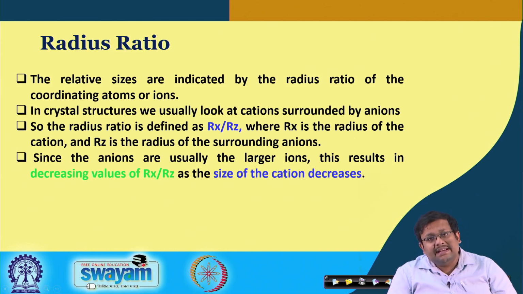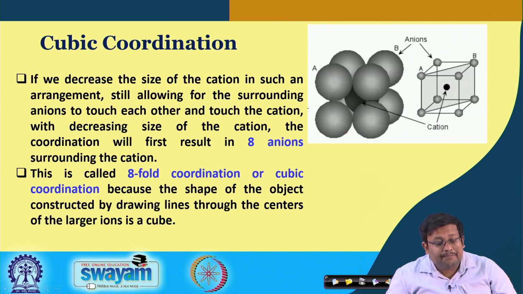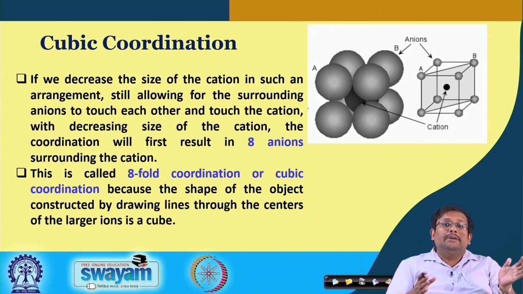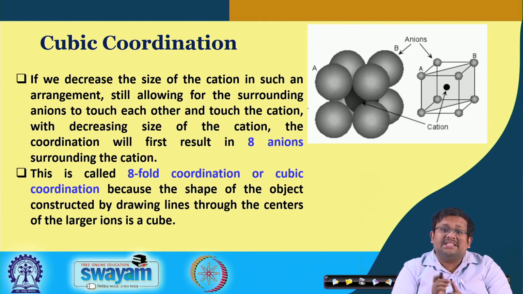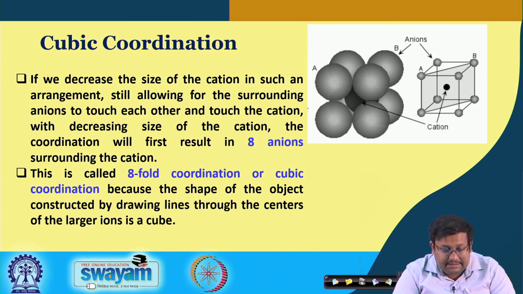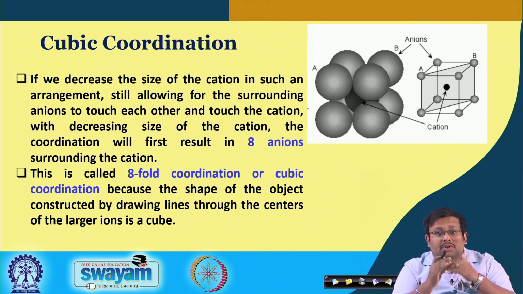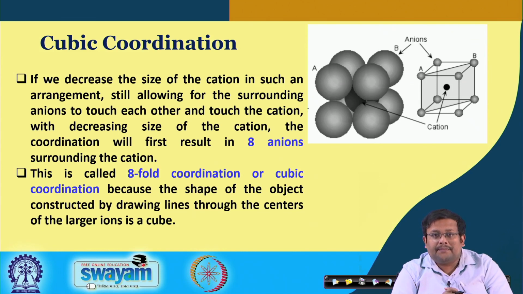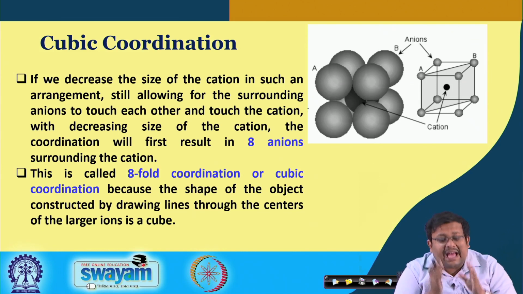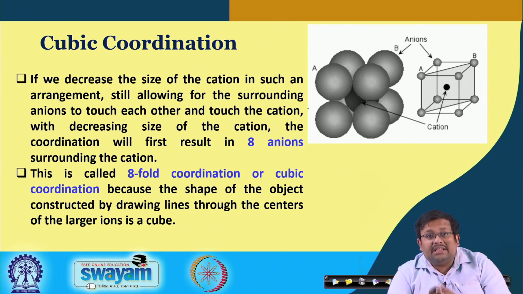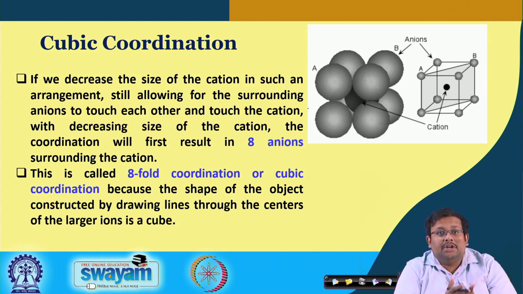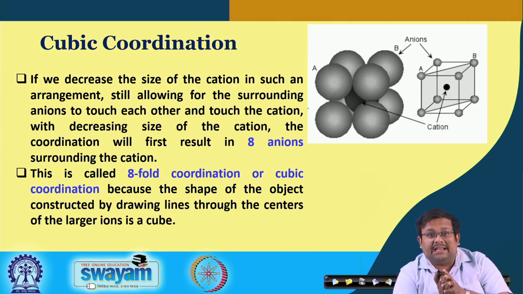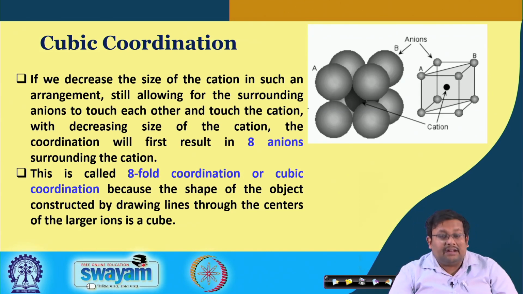So, once this radius ratio goes down, due to the decrease of the size of the cation, there are some changes. If we decrease the size of the cation in such an arrangement, still allowing the surrounding anions to touch each other and touch the cation, the coordination will first result in 8 anions surrounding the cation.